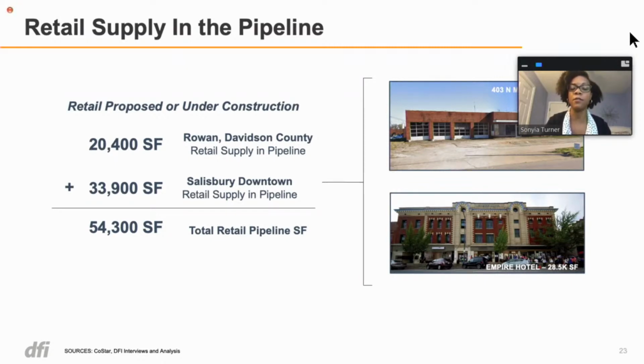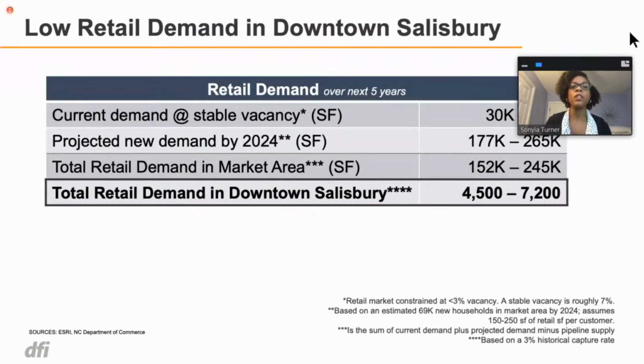And so when we look at the demand for new retail in downtown Salisbury, taking into consideration what the demand would be at a stabilized vacancy rate, projected new demand and demand in the market area, we find that specifically for downtown Salisbury, the demand for new retail is roughly 4,500 to 7,200 square feet over the next 5 years.